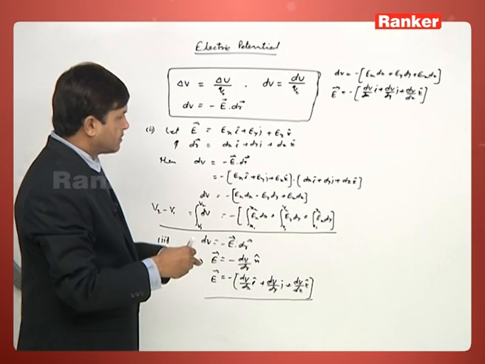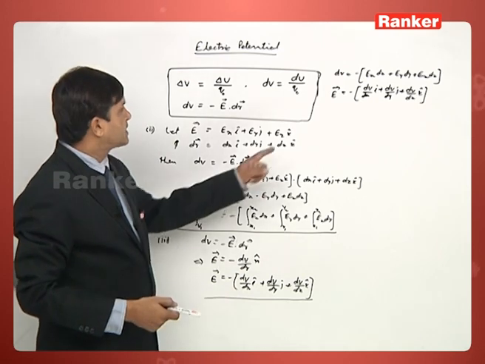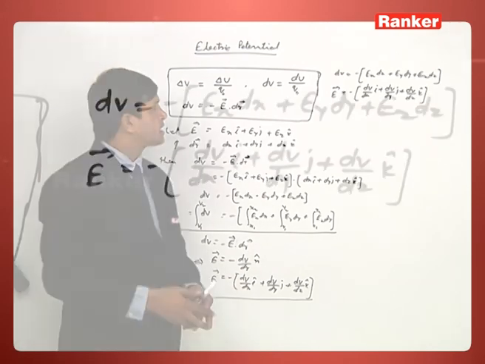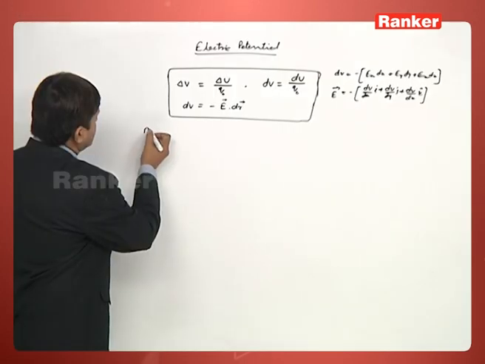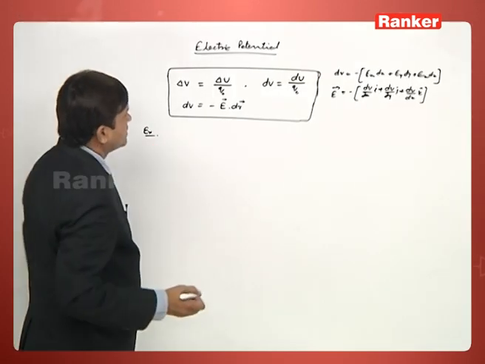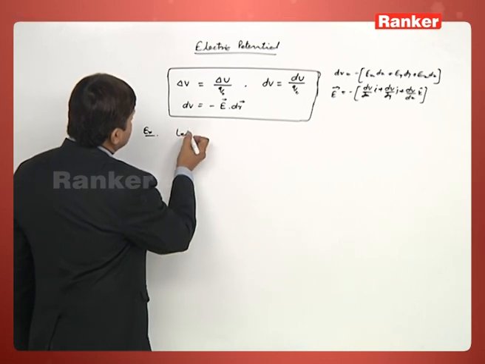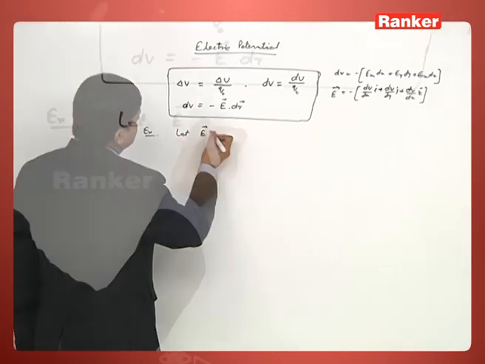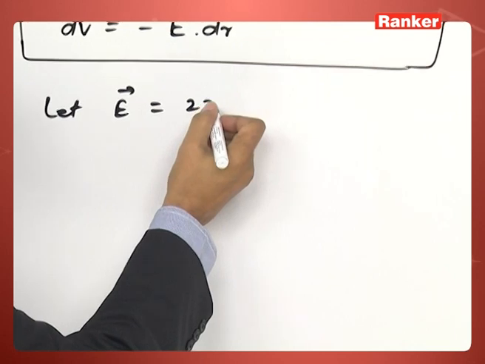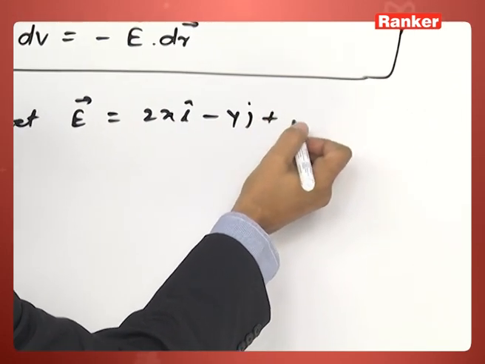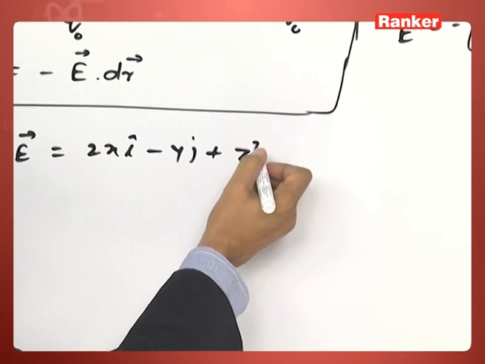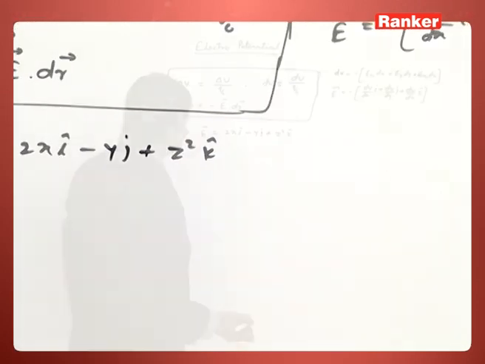Now see one or two examples. From that we can get a better idea about how to use this relation for potential and electric field. Let electric field vary according to the relation 2x i cap minus y j cap plus z square k cap.